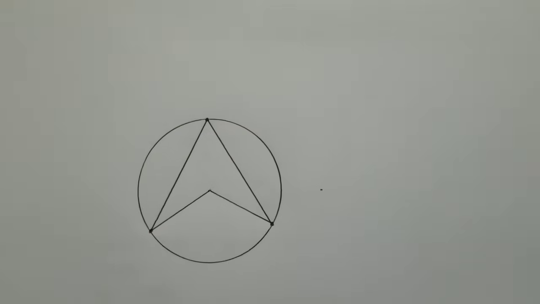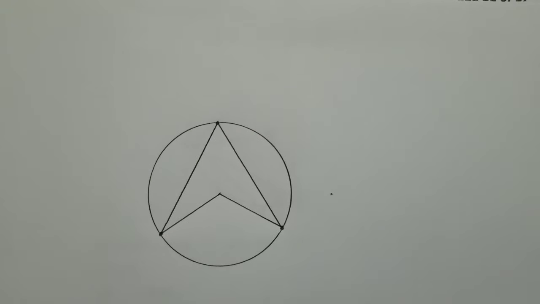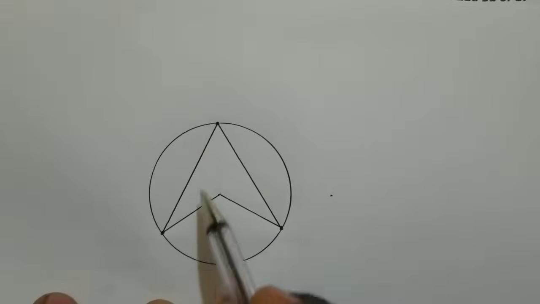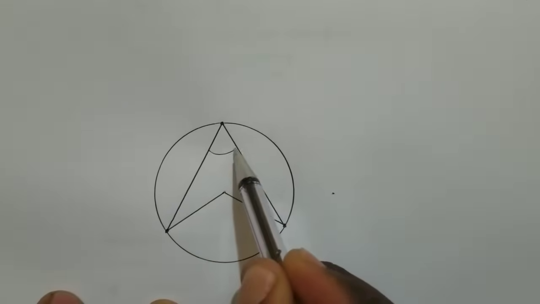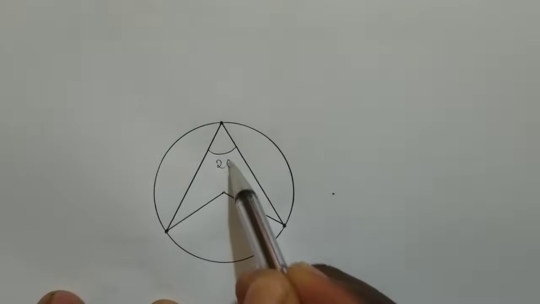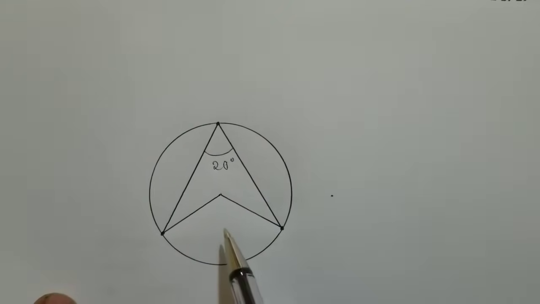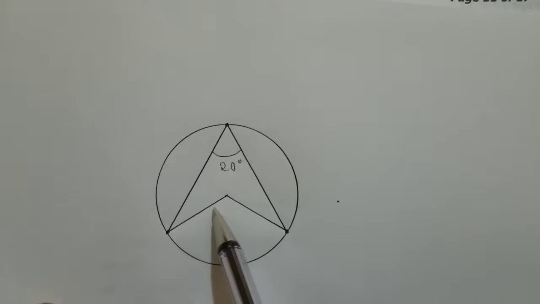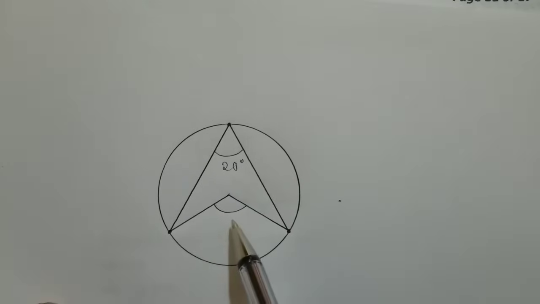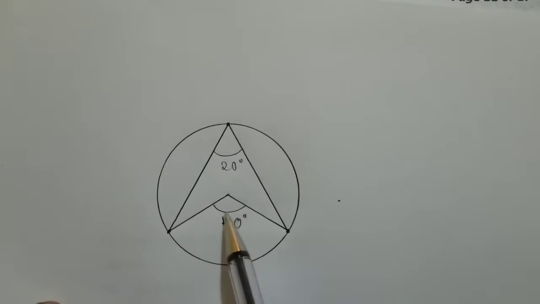So we've got this right here. Let's say we've got an angle here, and this angle is 20 degrees. So what will be the angle at this point? This will be 40 degrees. So how did I know that this is 40 degrees?